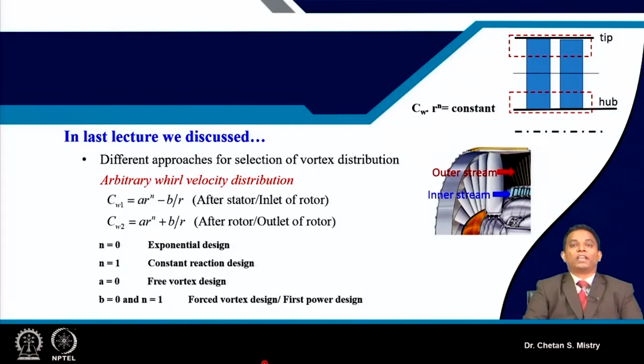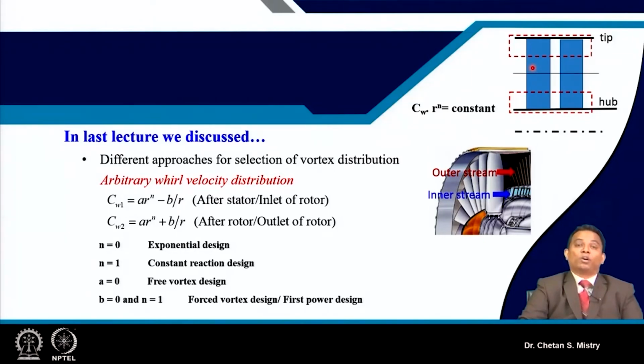We can take Cw into r to the power n equal to constant, where n varies from -1 to 2. When discussing the design of an axial flow compressor, in order to take care of what is happening near the hub and the tip region, we take this exponent to be a higher number.